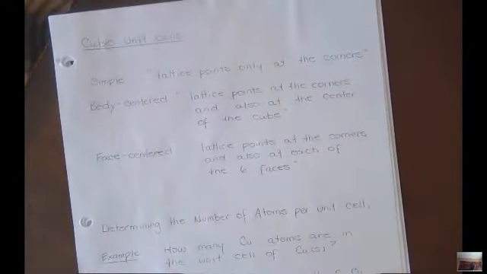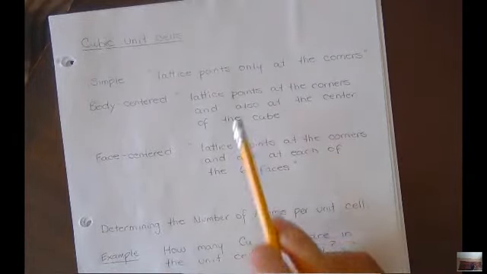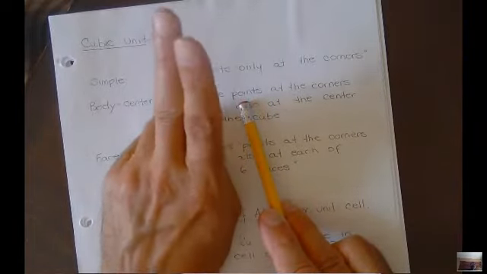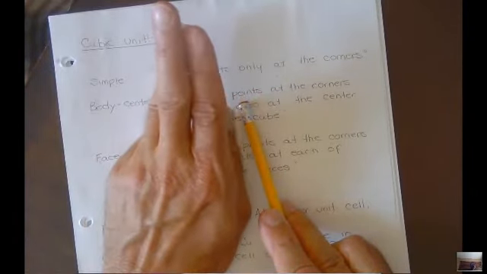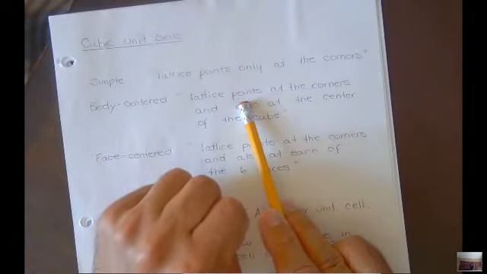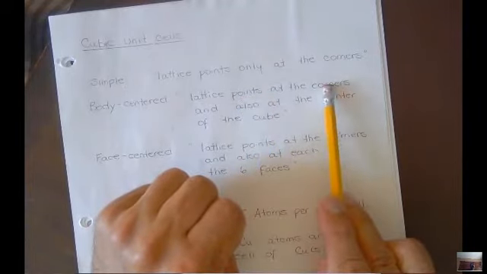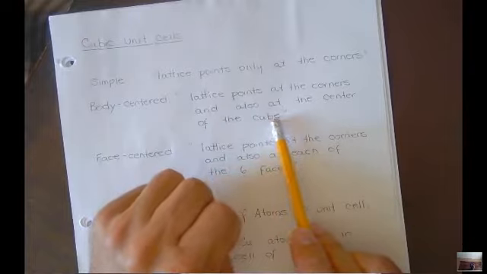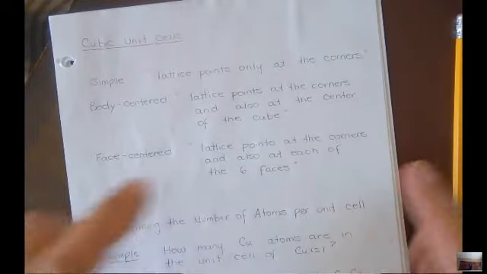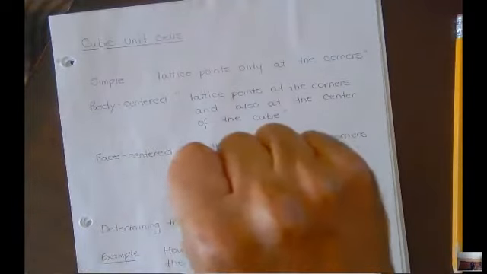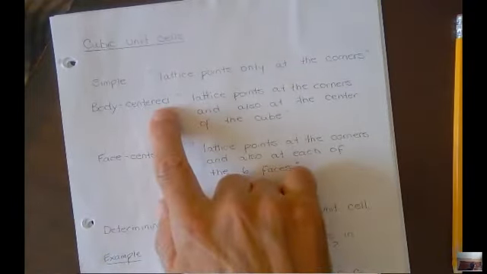The next one is easy to see. A body-centered cubic structure has atoms, which we'll call lattice points. Now remember, lattice points can be atoms if it's an element, molecules if it's a molecular solid, or ions if an ionic solid. So atoms, molecules, or ions in the corners, and also another one right smack in the middle. So picture 1 atom at each of the 8 corners and 1 atom right smack in the middle. That makes sense, body-centered.